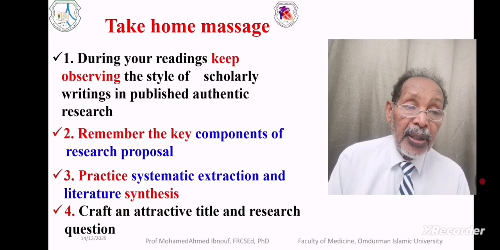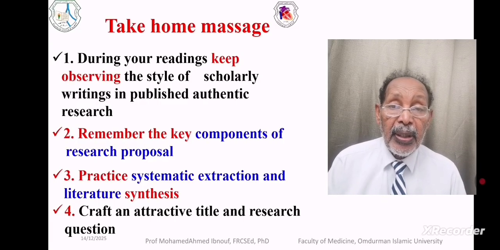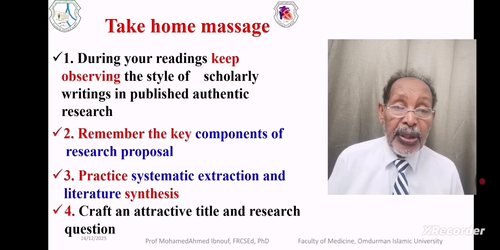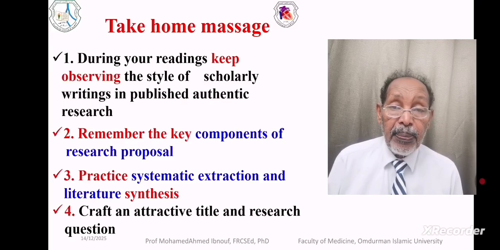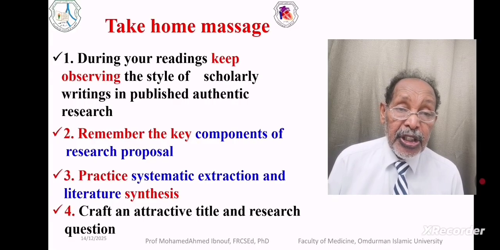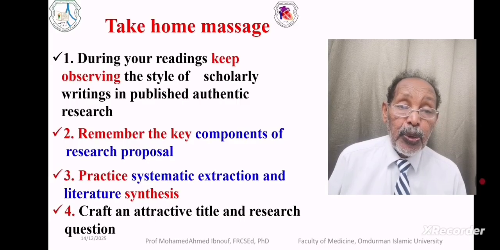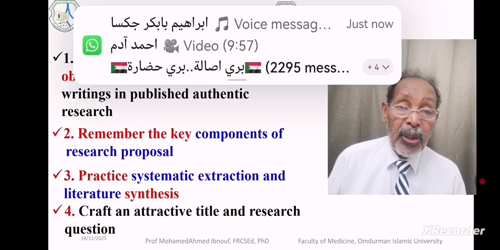Now, coming to the end of this session, the take-home message is: during your readings, keep observing the style of scholarly writing in published authentic research, where they put a comma, colon, semicolon, hyphen, this and that. You should look for this.